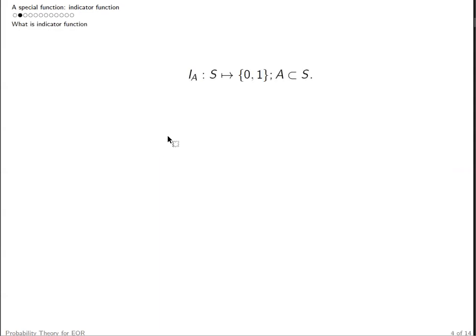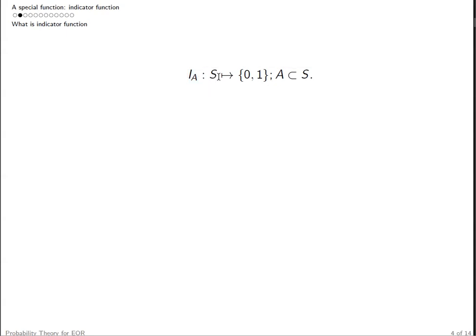Well, an indicator function is a binary function. It only takes either 0 or 1, so it only takes two different values. The indicator function of set A, normally we use the notation I_A to denote such a function.